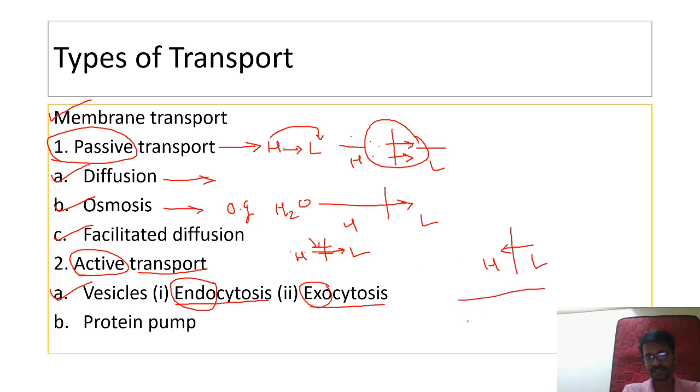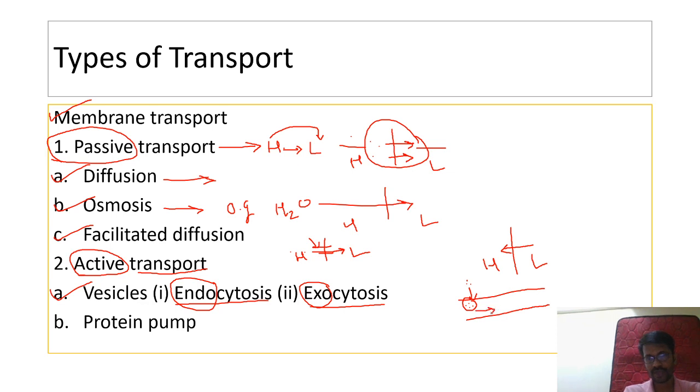Consider a cell membrane made up of a phospholipid bilayer. When a molecule, ion, or drug molecule comes in contact with the membrane, the membrane forms a vesicle, and this vesicle formation is of two types.